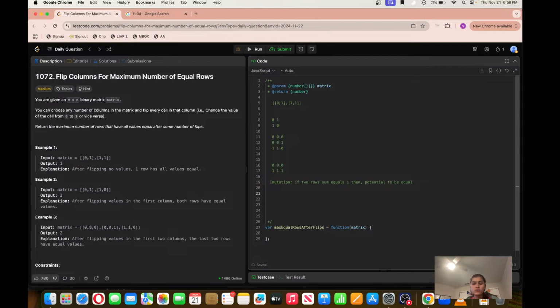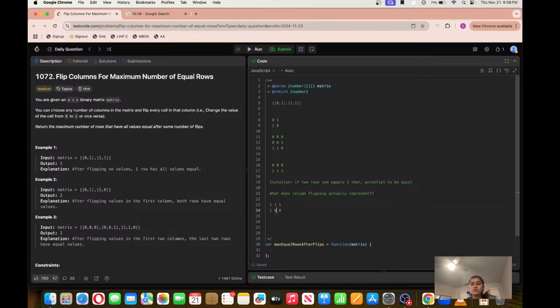I also want to know, what does column flipping mean? What does it represent actually? So if it is 1 0 1, and suppose this is 1 1 0, then what does column flipping mean?